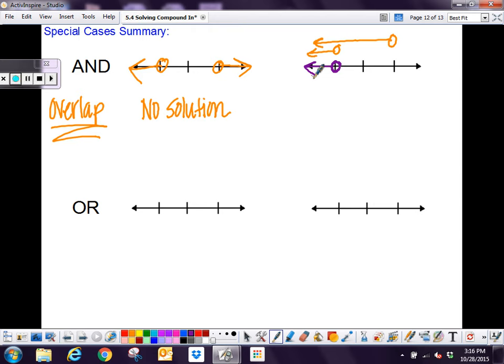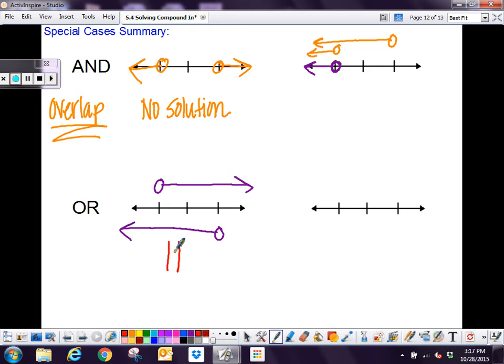Now with or, there's a couple of different ways you could see special cases. Remember, with or, it could be one or the other. It could be either. So I could have a graph that looks like this, which we saw when we talked about and. When we talk about or and we see this, if it could be one or the other, it could be everything.